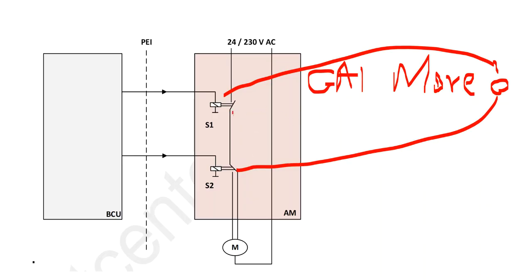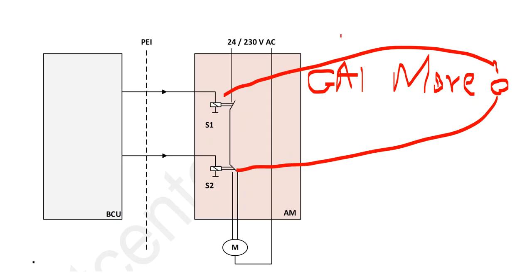So it is applied here as an interlock operation. If S1 is closed, S2 for sure is open, and if S2 is closed, S1 is open. At the same time, these two are never closed together, because if you power up the AC motor of the shutter or curtain or blind like that, it will be burned. You will lose the motor.